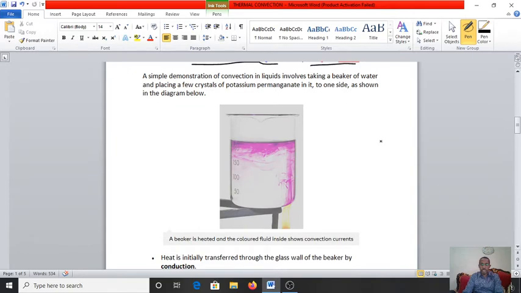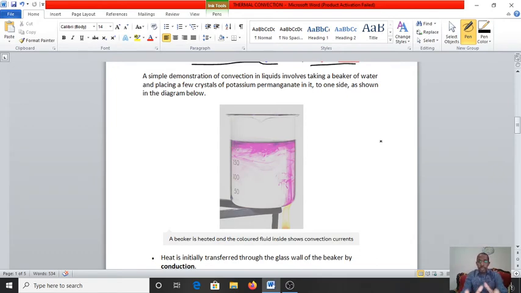I think you have seen this kind of a problem. It's a common laboratory experiment we do during thermal convection to demonstrate.